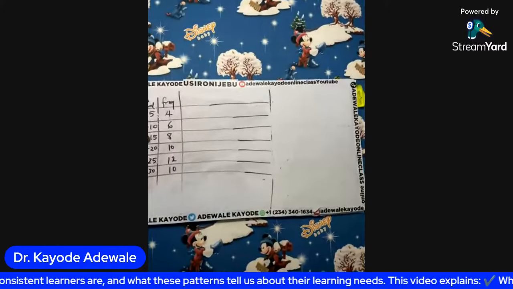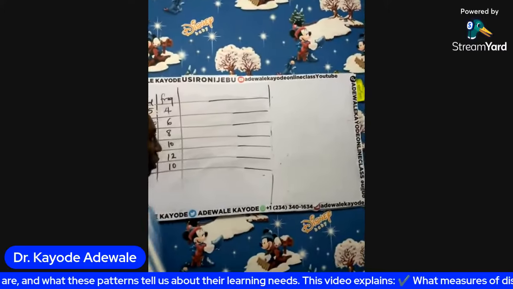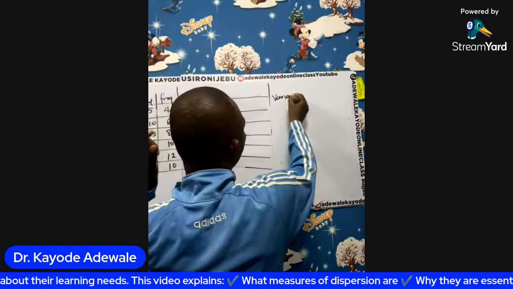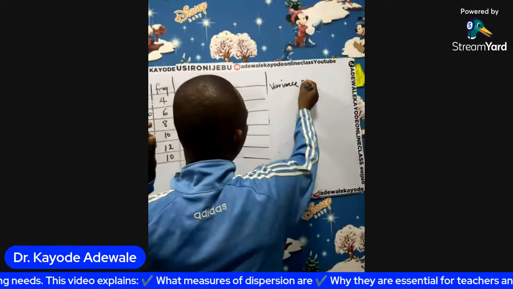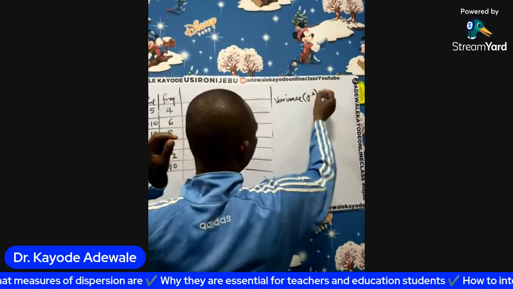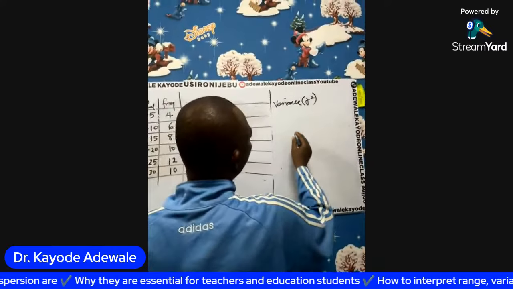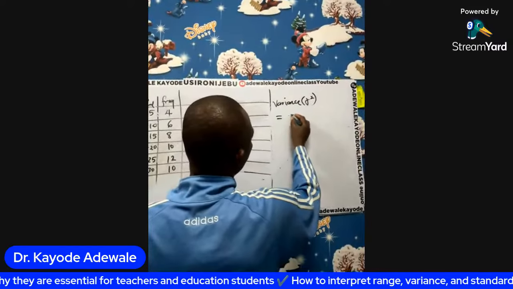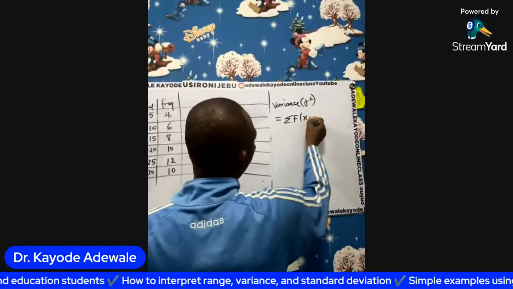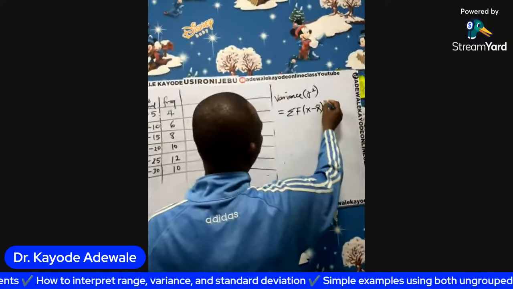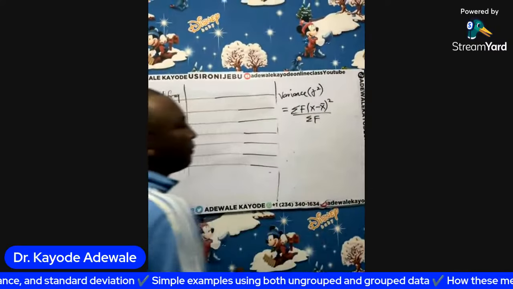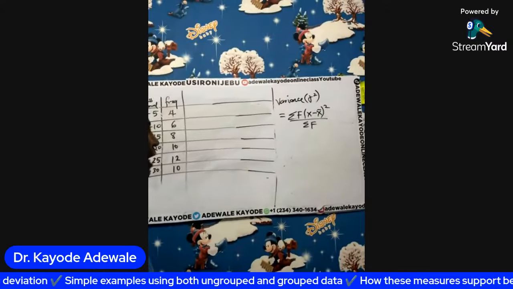So the formula here for the variance, sigma squared, is equal to summation F into (X minus X bar) all squared, everything divided by summation F. I will repeat the formula again.